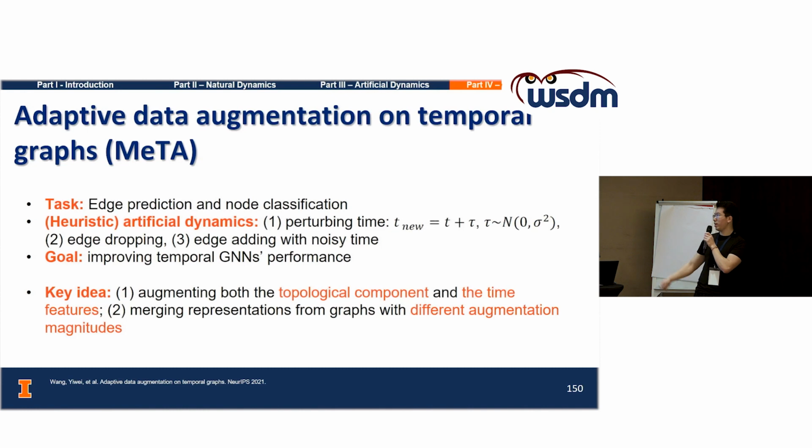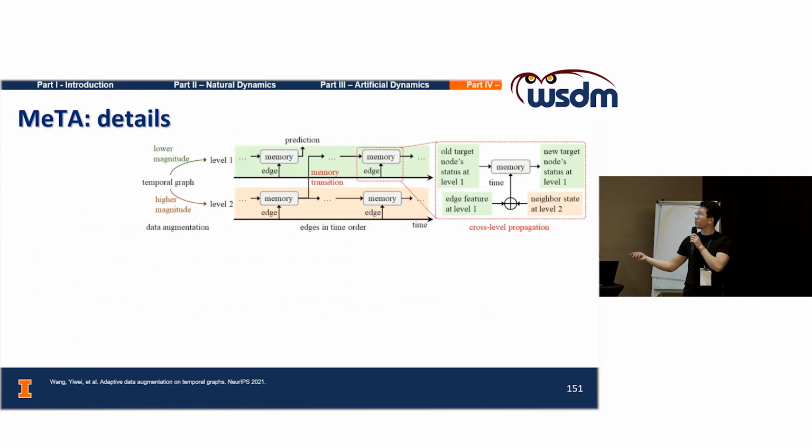Their core idea is that they not only augment the topology information of the given graph, but they also augment the time features. Their idea is to generate a set of augmented temporal graphs and merge them together to boost the task performance over the temporal graphs.